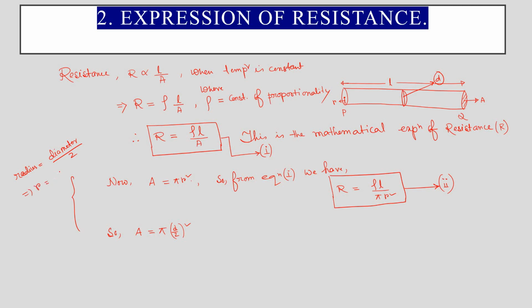Here radius is R, diameter is D, so we are writing in place of R, D by 2. So pi D square by 4.